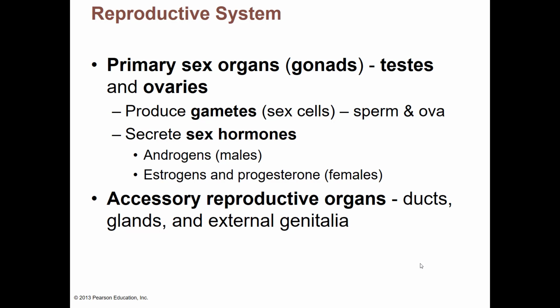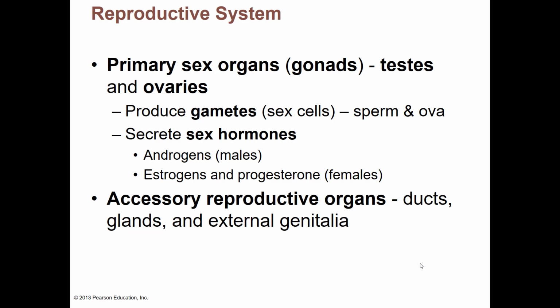The female reproductive system's main goal is to make eggs, the ova, and then nourish a developing fetus. That takes a lot of work, so the female reproductive system is a little more complicated than the male, with a lot more hormones and a lot more things that could happen if a pregnancy does result.